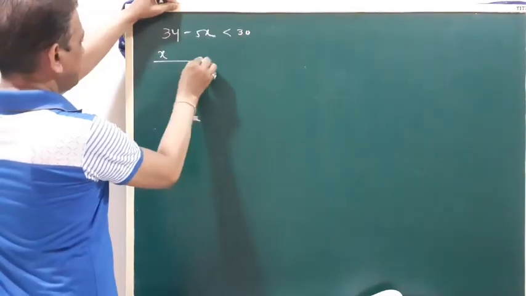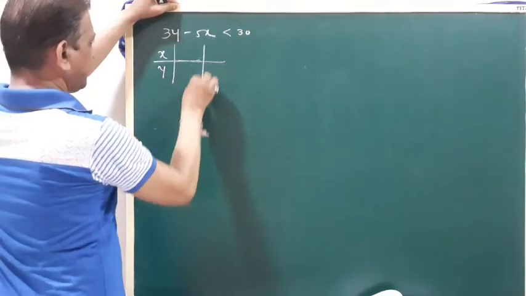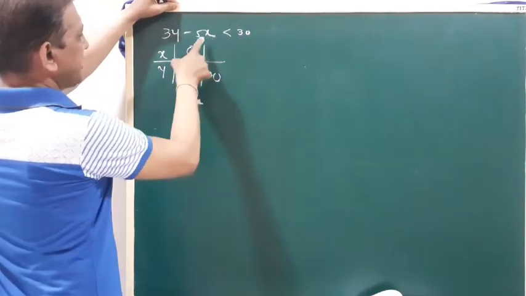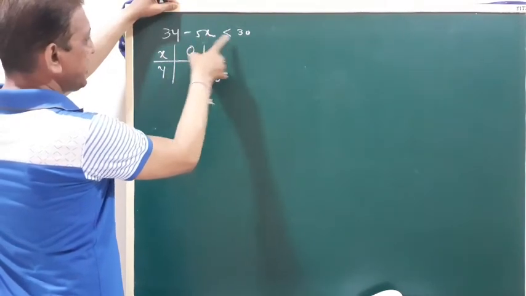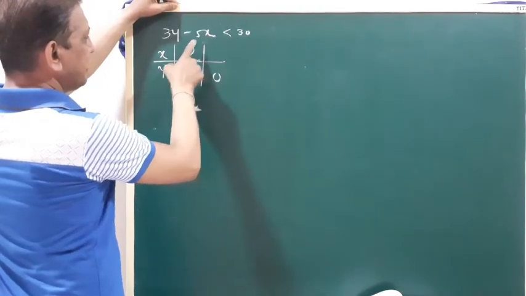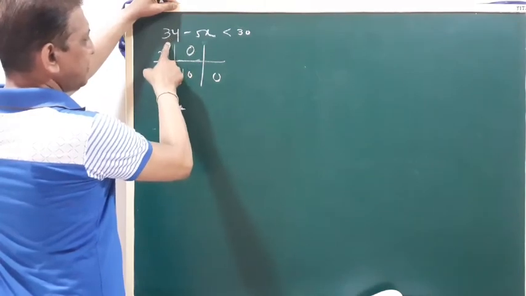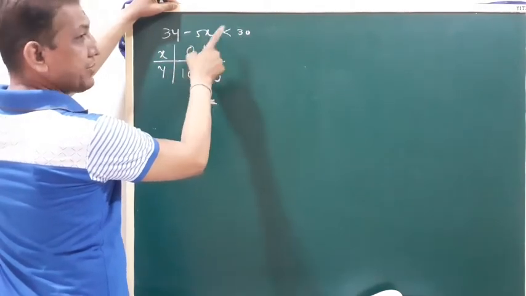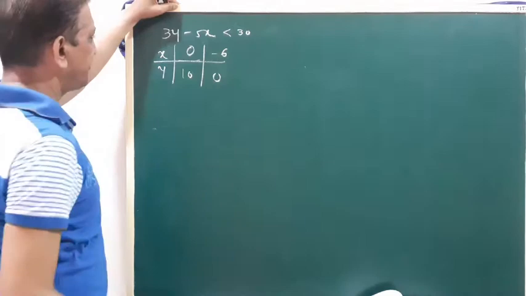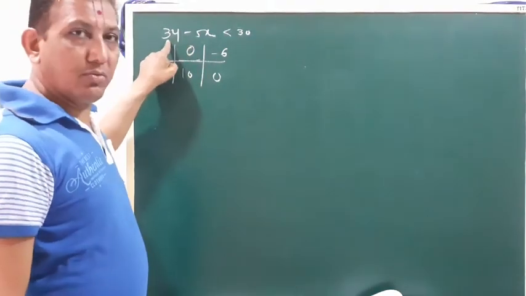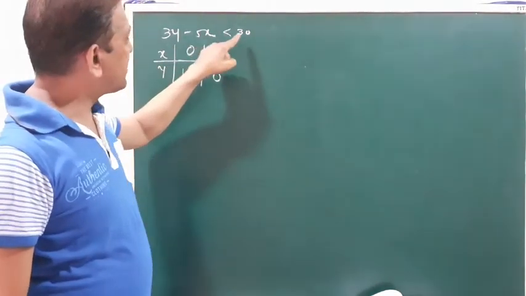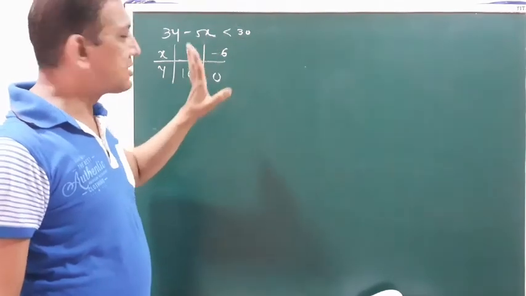First table: put x equal to 0, 3y equal to 30, y equal to 10. Now put y equal to 0, minus 5x equal to 30, so x equal to minus 6.